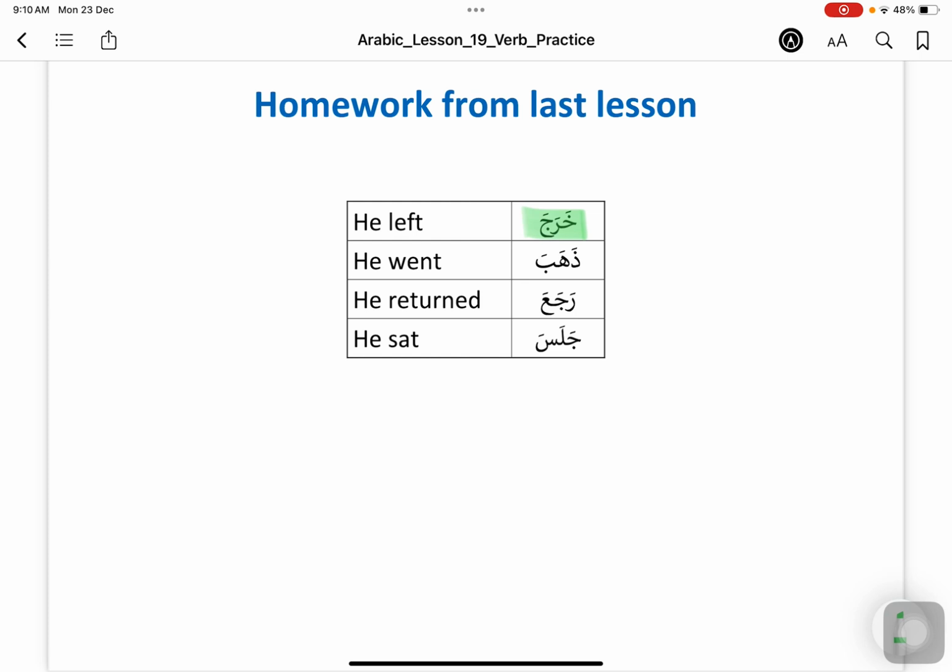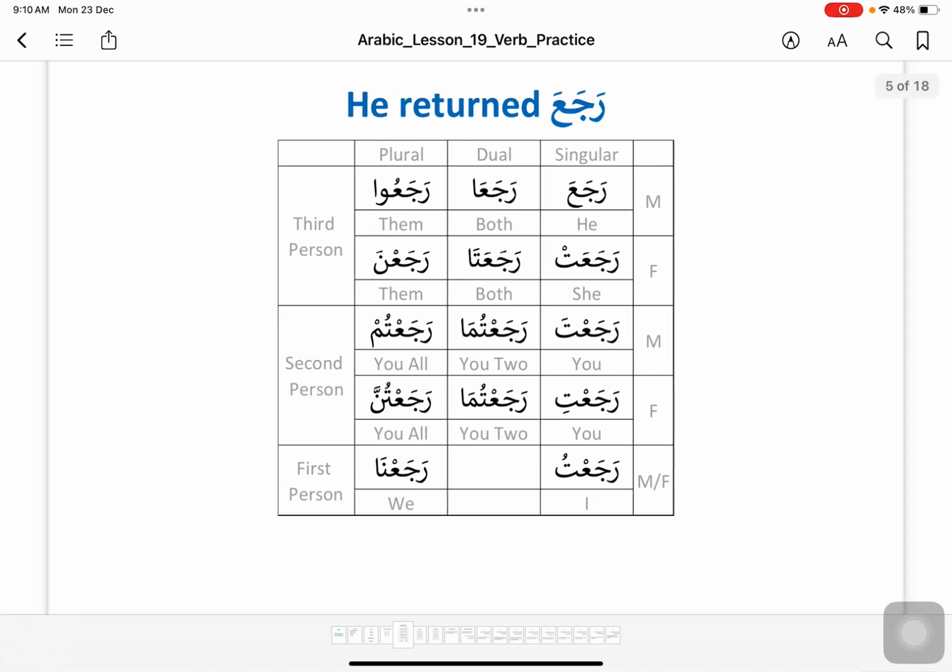The first one is kharaja, second one dhahaba, he went, third one raja'a, and fourth one jalasa. I hope you did the practice. I showed you the 14 forms of dhahaba and kharaja in our last class. Let me go over the 14 forms of raja'a and jalasa.